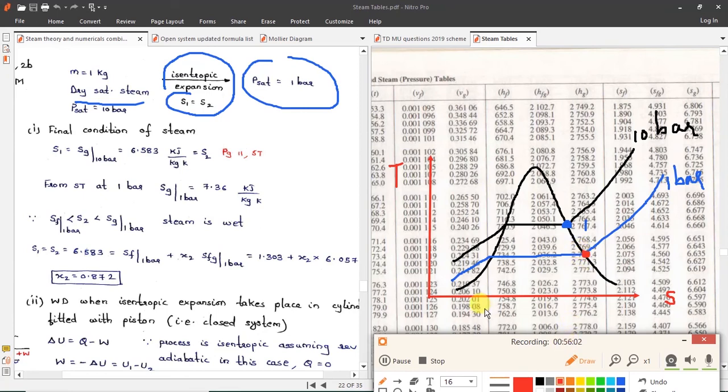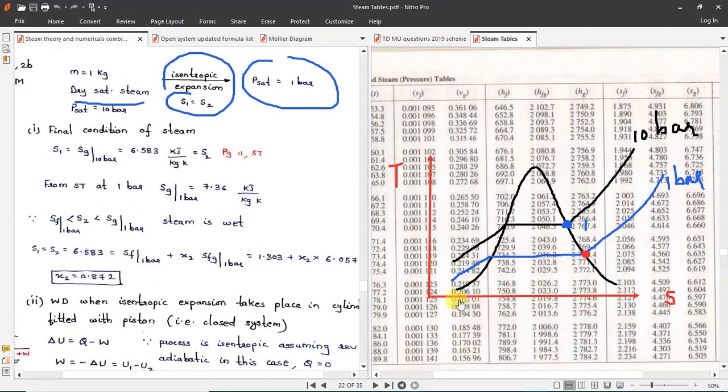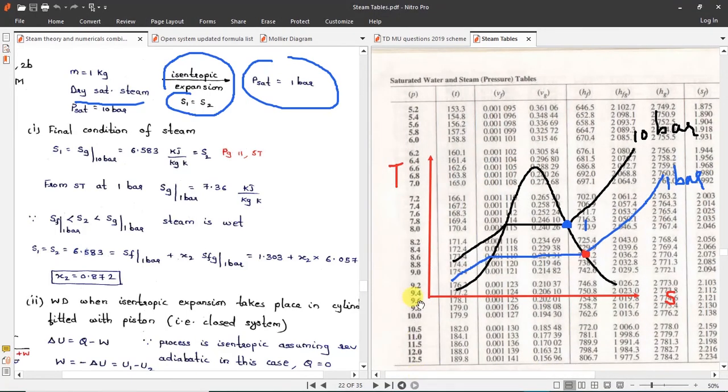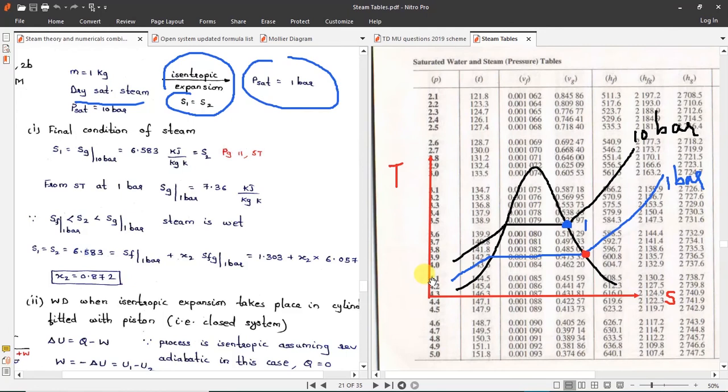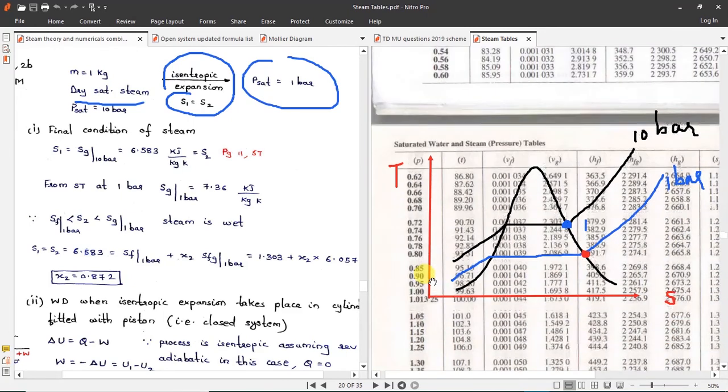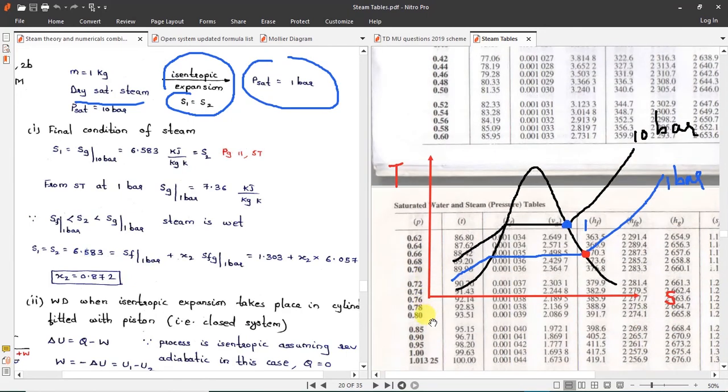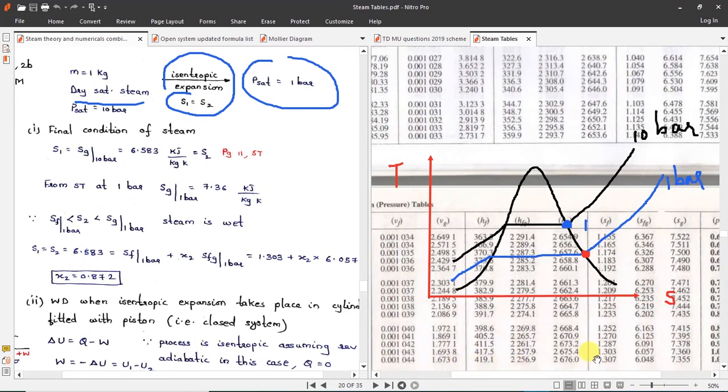We will go to the steam table. Sg value at 1 bar pressure is 7.36. So this is the point, 1 bar.